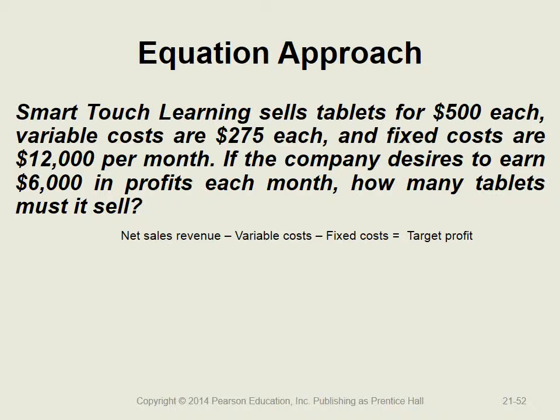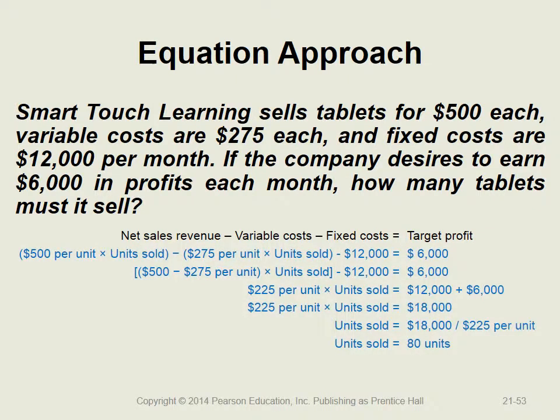Variable costs equal variable cost per unit of $275 times the number of units sold. Solving for the number of units, we determined that Smart Touch Learning must sell 80 tablets per month in order to earn a monthly operating income of $6,000.